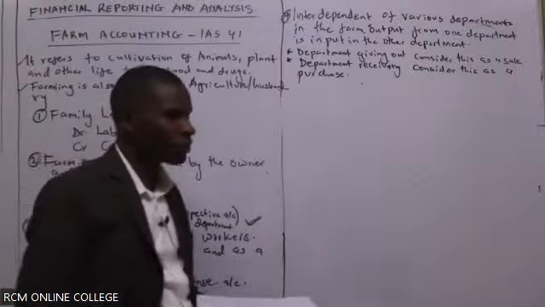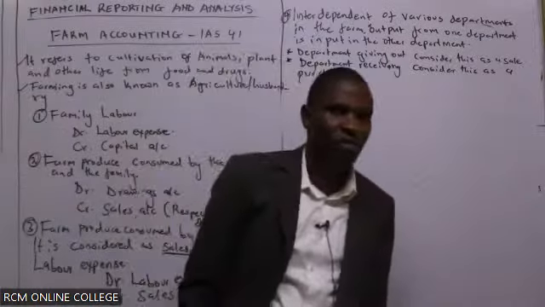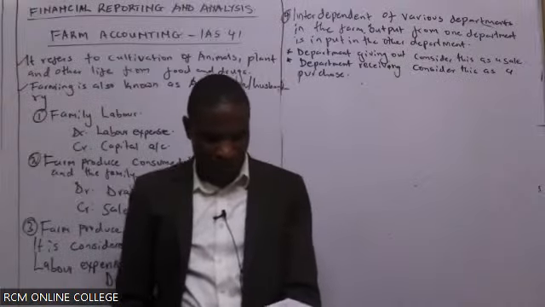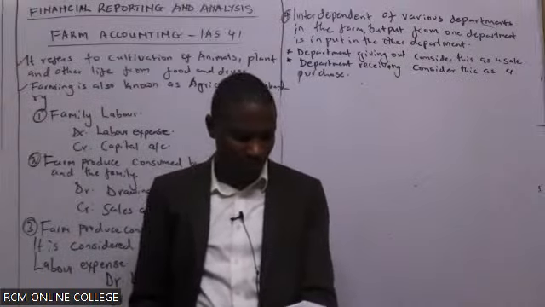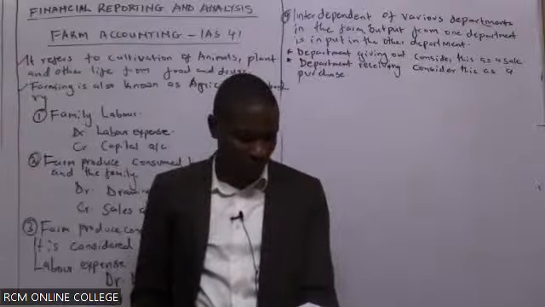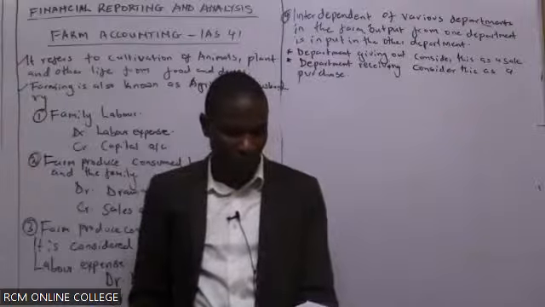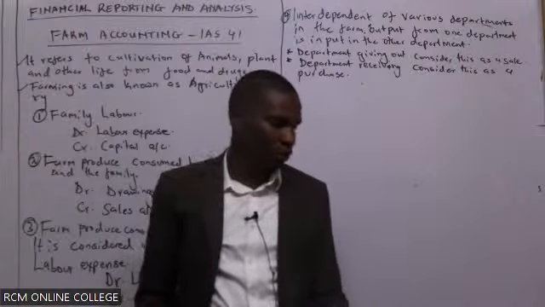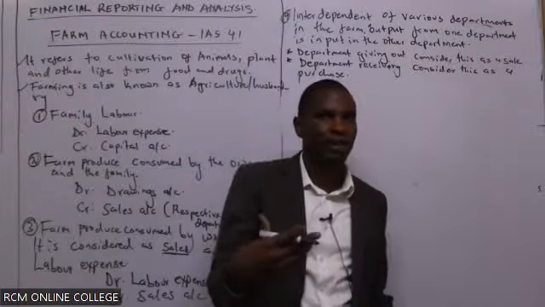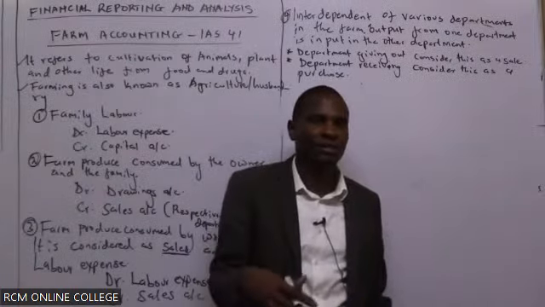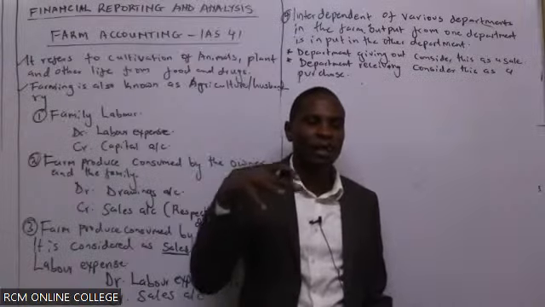So this is a note. No need of maybe writing down. In accounting for farm activities, if a farm has various activities, a revenue account for each activity is prepared before a general income statement is prepared. So first of all, they prepare the revenue account.